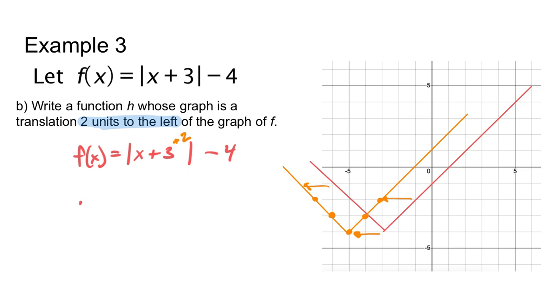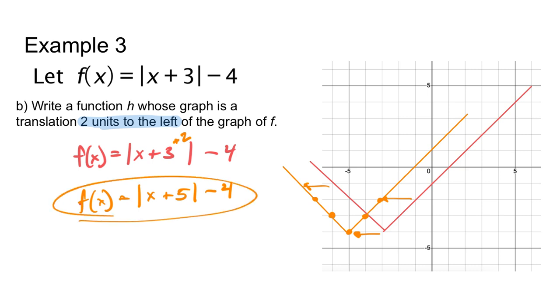And my new equation is going to be the absolute value of x plus 5 minus 4. And if you look at your equation, you'll see that, yes, this orange line has, in fact, from the parent function, regular old absolute value of x, moved to the left 5 units and down 4. And my resulting equation is this new guy right here.